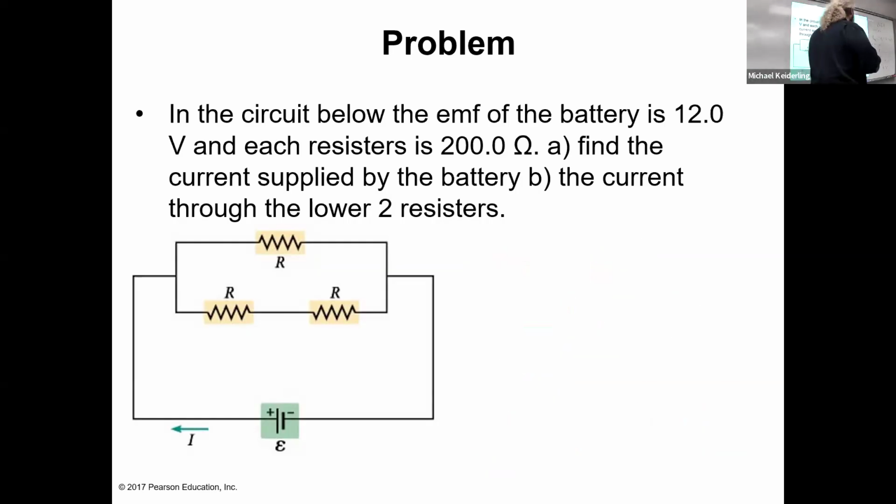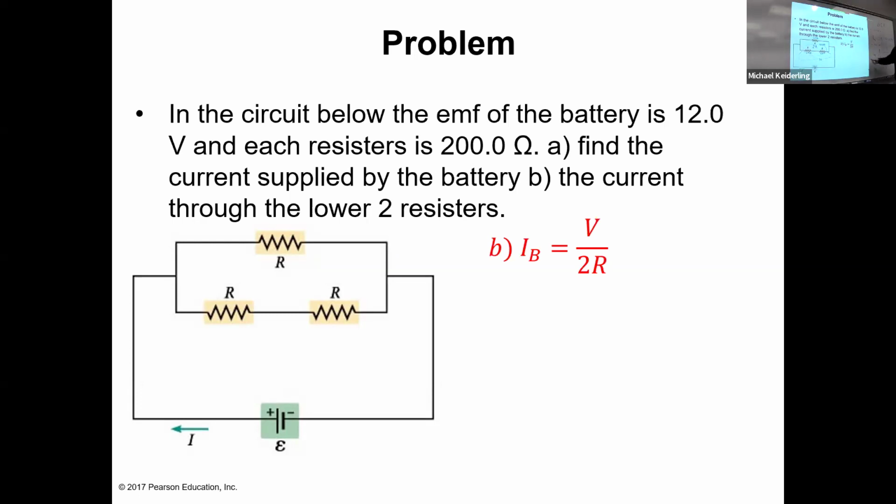And we want to find the current for the lower two resistors. Well, looking at this, the voltage difference is 12 volts, which means the voltage difference across these two resistors is also 12 volts.